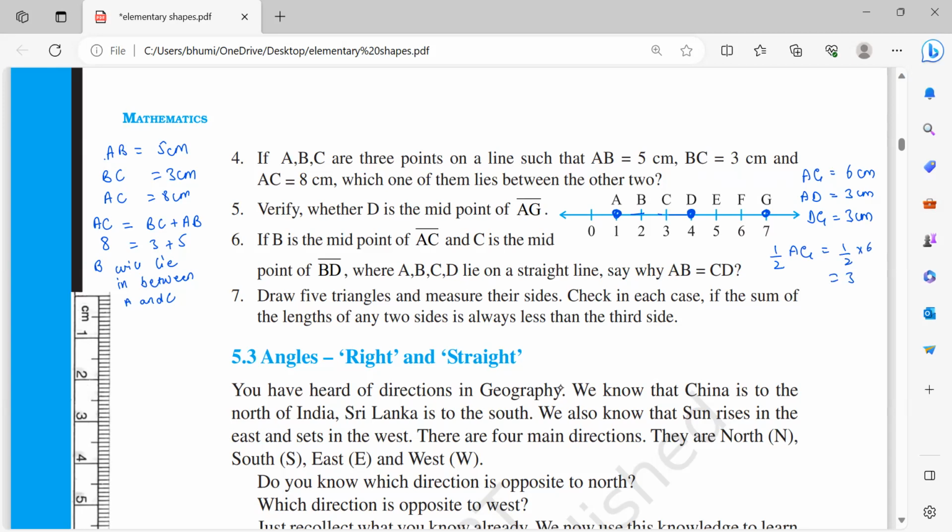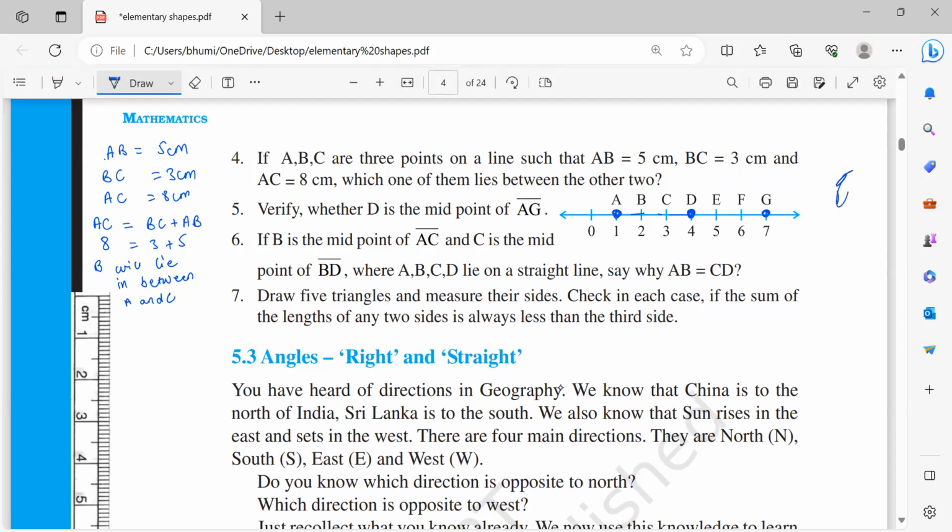If B is the midpoint of AC and C is the midpoint of BD, where A, B, C, D lie in a straight line, show that AB is equal to CD. Now let's take this question. Answer number 6. We have a line.